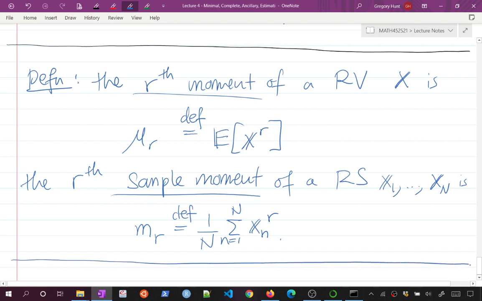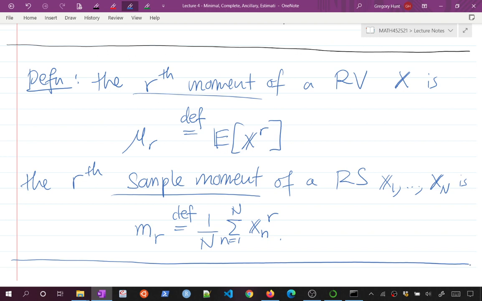The rth moment of some random variable is the expected value of its rth power. Expected value is kind of like an average, basically the definition of the population average. And so the sample version of that is the average of the rth powers of our random sample. So basically, we're replacing the expected value of x to the r with the average of the rth powers of our random sample.